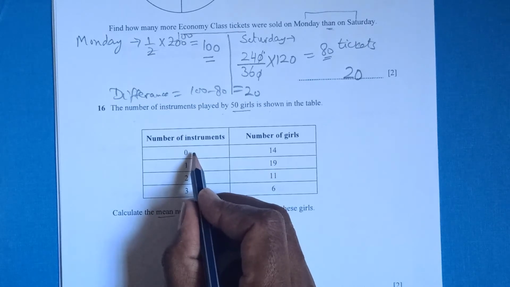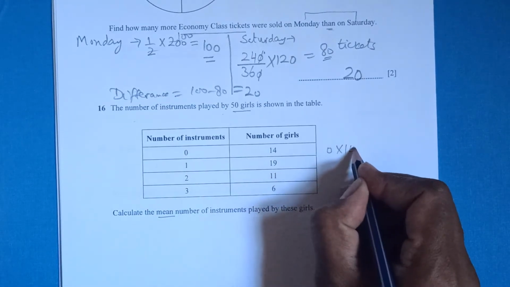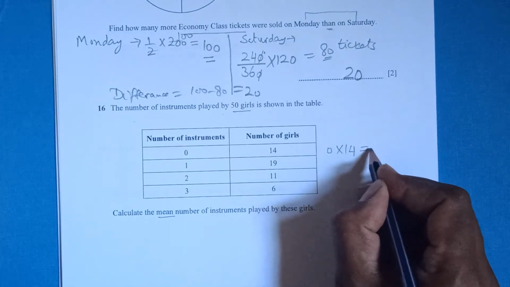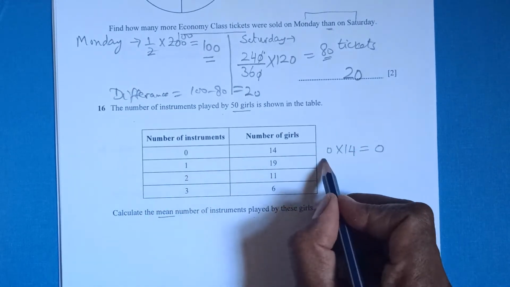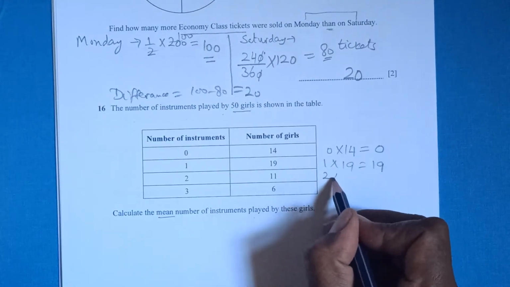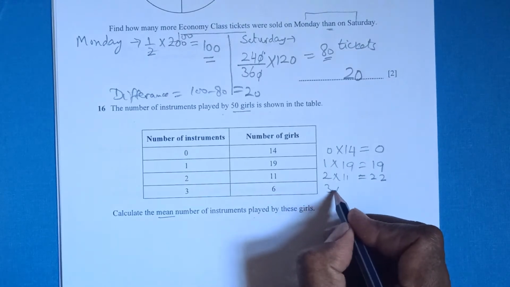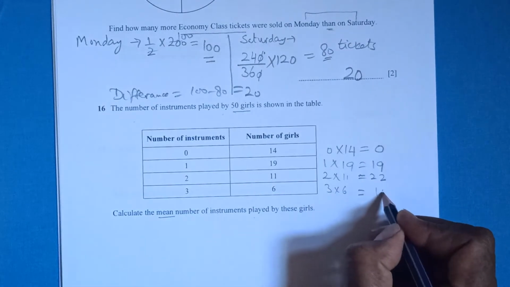number of instruments is 0, so 0 is for 14 frequency, so 0 times 14 is 0, then this will be 1 times 19, then 2 times 11 is 22, and 3 times 6 is 18.